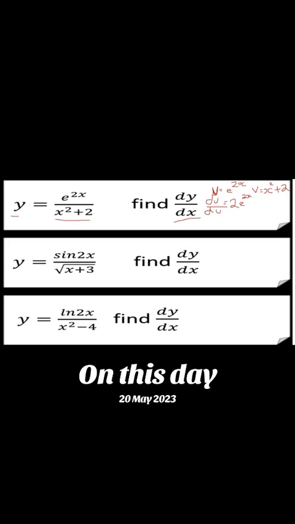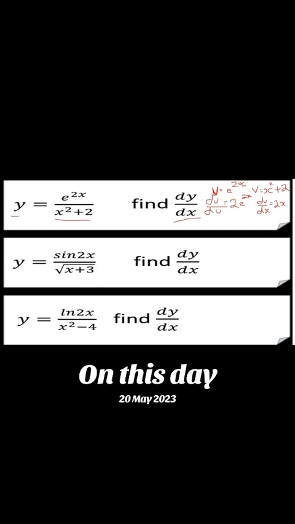For dv by dx, differentiating x squared, the power comes down as a multiplier, so 2 goes here, and then the power reduces by 1, which is just x to the 1, which is just x. Then differentiating the number 2, a constant, just goes to 0.